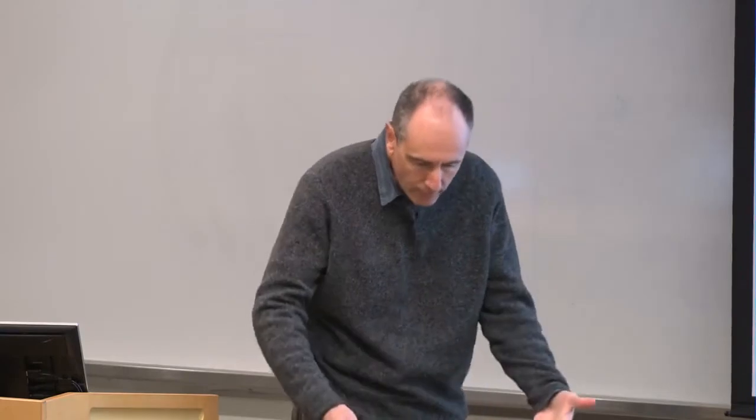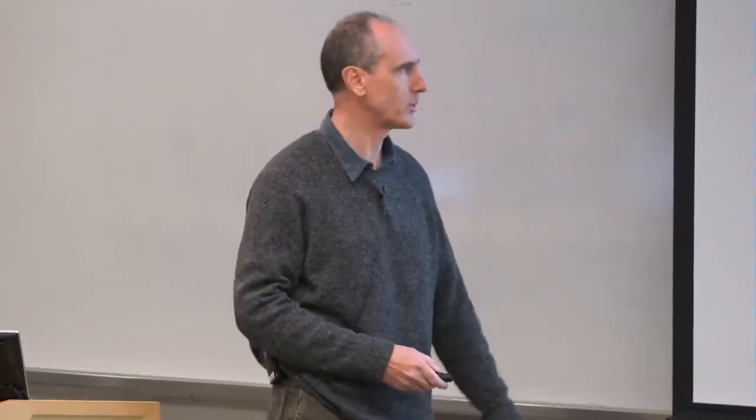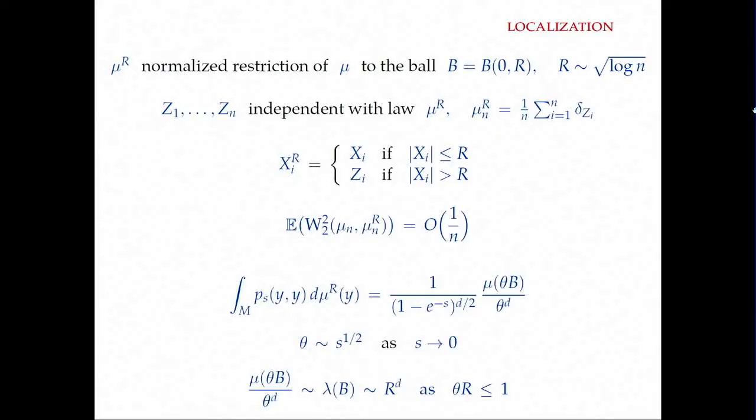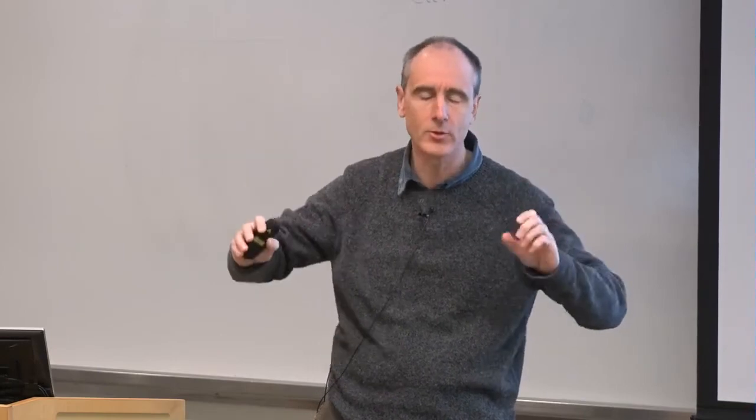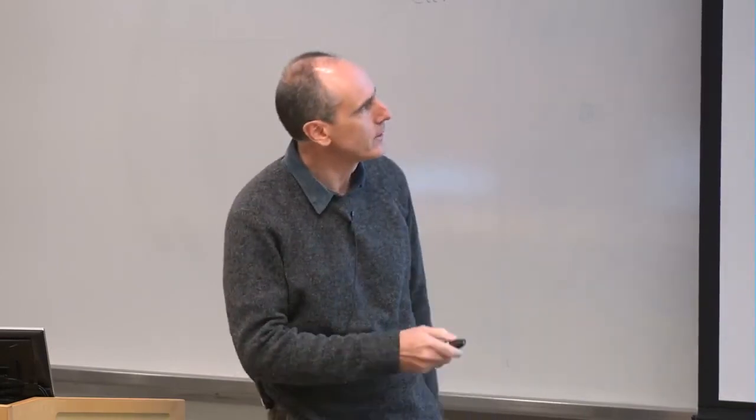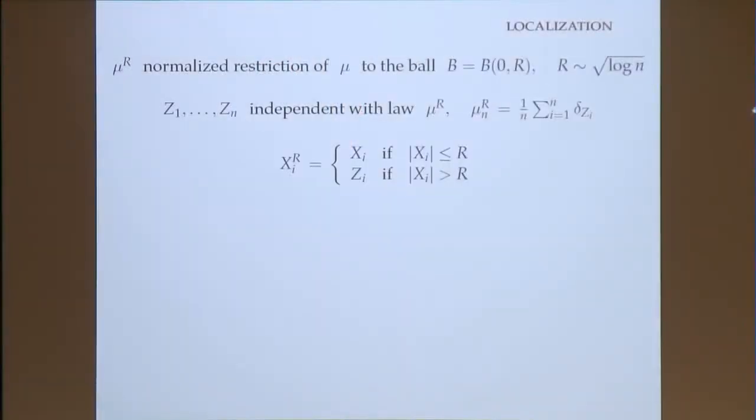So we have to go further with respect to what was done before. And the further step is a localization procedure, namely that instead of looking at the Gaussian measure on the whole of R^d, you try to localize it on a big ball. Well, not so big a ball, actually: a ball of radius square root of log n.